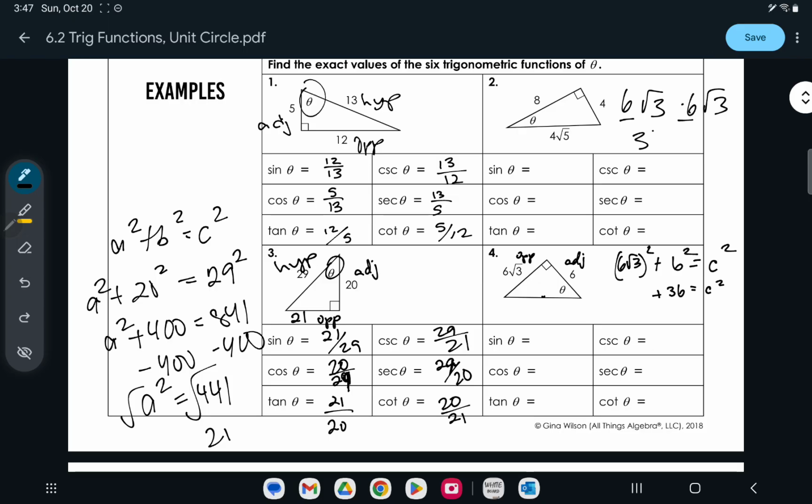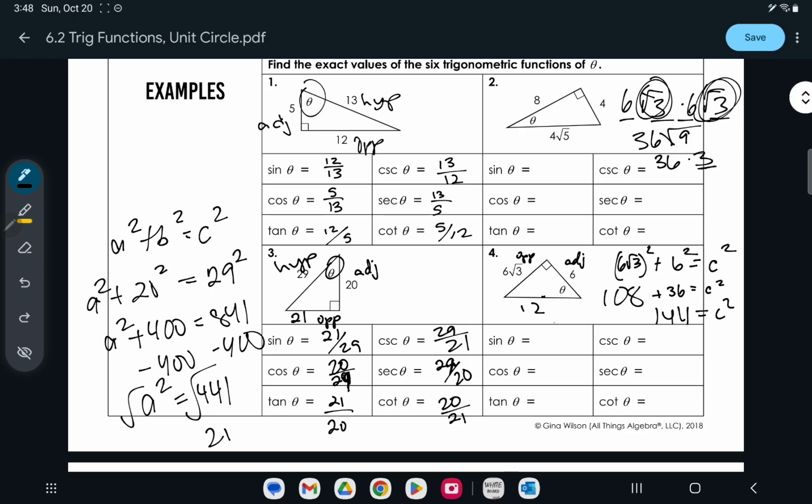You can multiply the outside, and then you can multiply the inside. 36 times 3 is 108, because a square root times itself gets rid of the square root and you have just 3. 108 plus 36 is 144, which makes the hypotenuse 12.